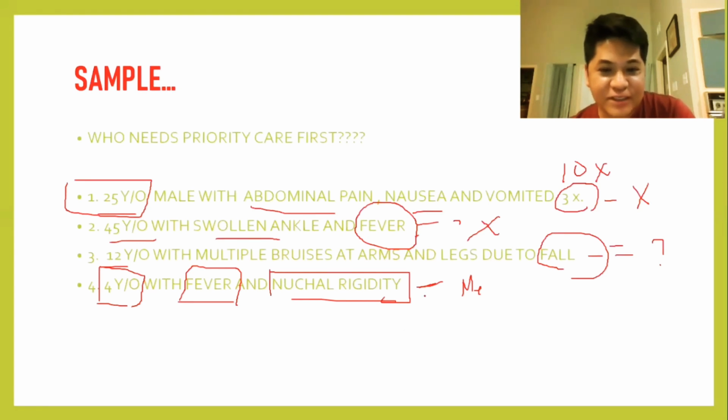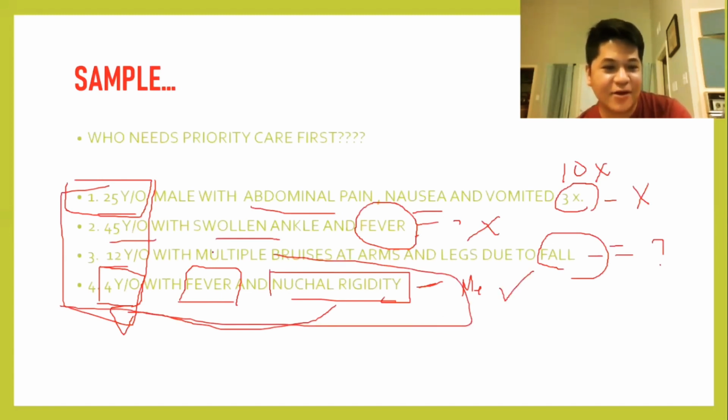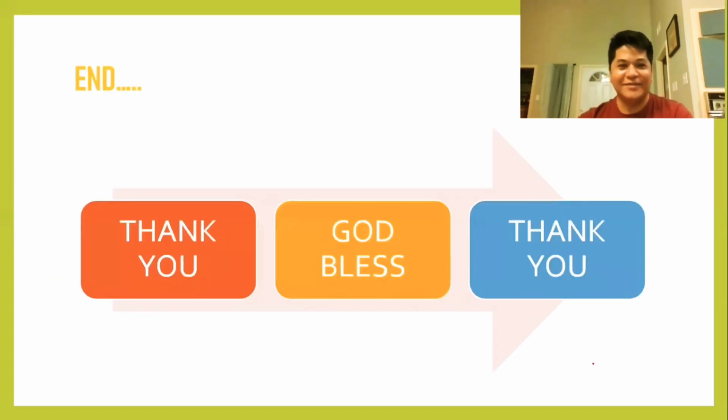Therefore, this is more specific and more dangerous for the client, and he's 4 years old as well. But we don't check on the age or gender; this is more specific, and the client has complications of the fever. So this would be our priority. You got the correct answer. That's number 4.